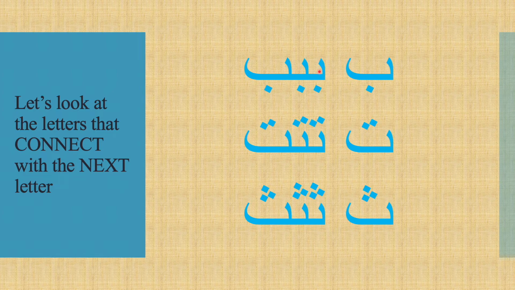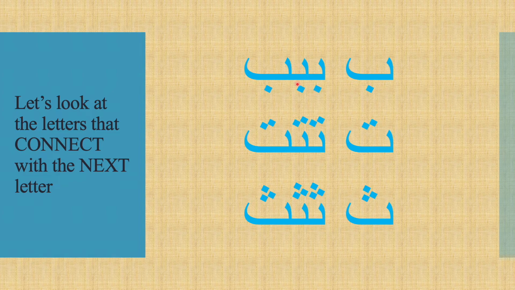When it's in initial position, it keeps that first stick, this one here. The elongation is shorter, right? And then there is no second stick, right? So basically it stops right here, and the dot moves to somewhere in the middle of its new shape.